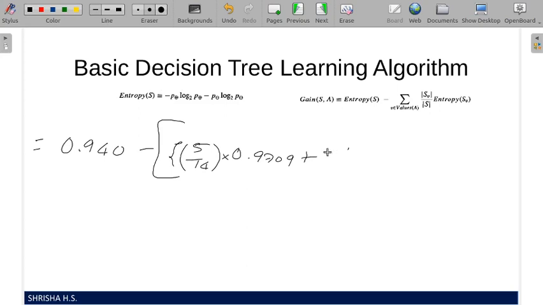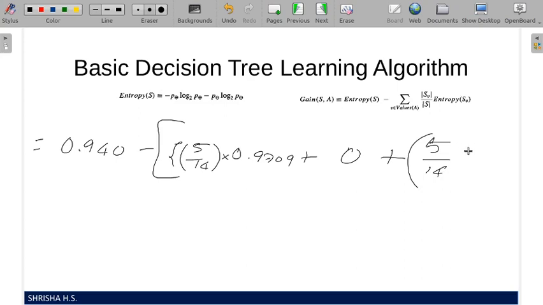Directly you can write 0, because if you multiply anything by it, it will become 0. The entropy of the instances where outlook's value was overcast, we have calculated as 0. It was actually the remaining 4 by 14 multiplied by 0, that's why straight away we are writing 0 here. Okay, so plus the remaining rain instances.